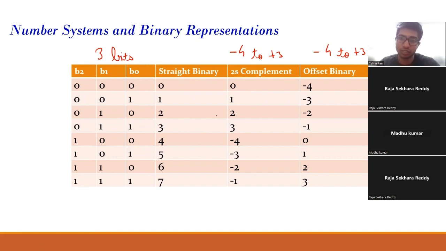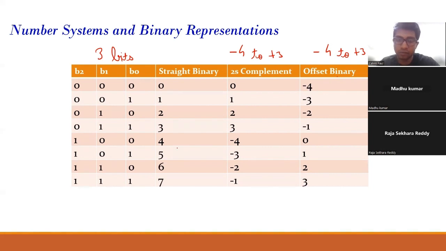For offset binary, let us say we have 101. This is representing -3 in 2s complement. If you want to convert into offset binary, you just flip the sign of the MSB. It becomes 001, and this will be -3 in offset binary.